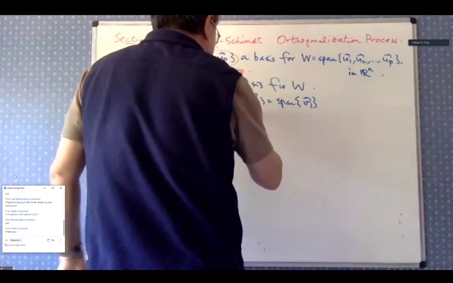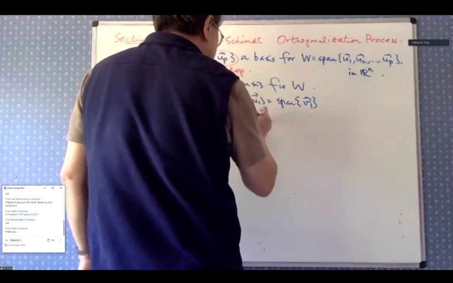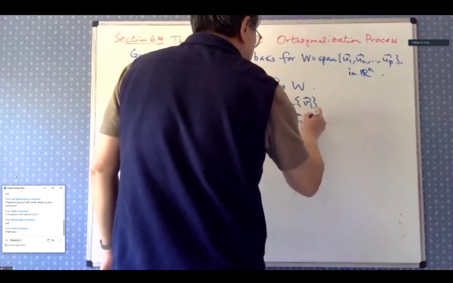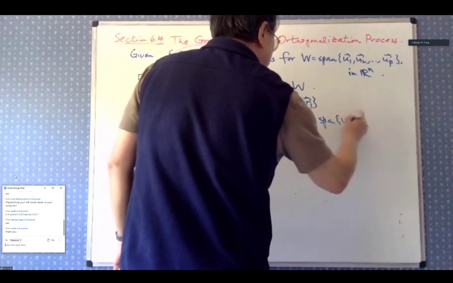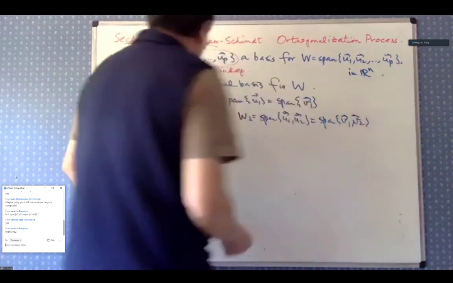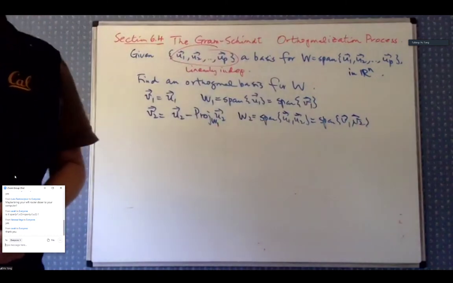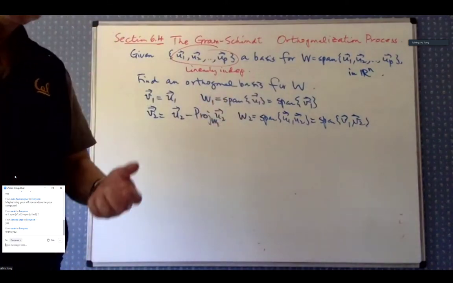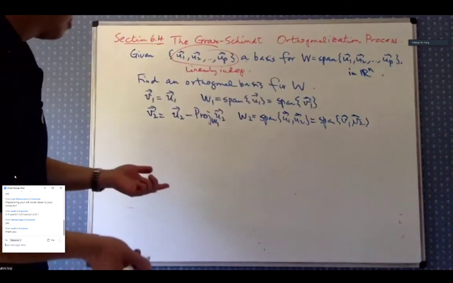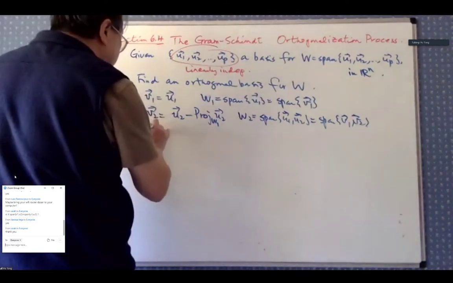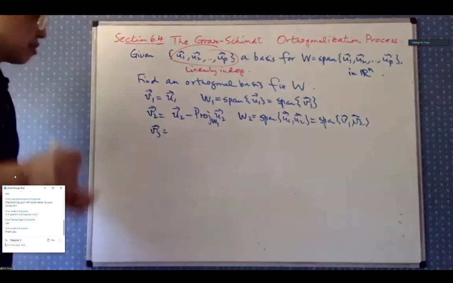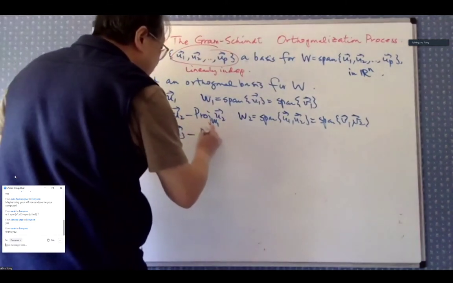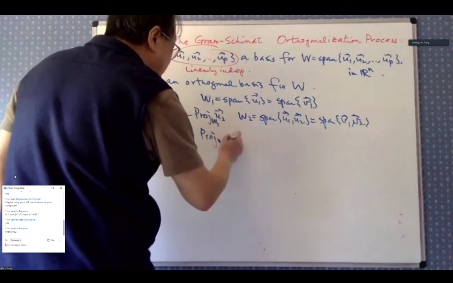Now we have W2, which is the same as the span of U1, U2, which is the same as the span of V1, V2. And V1 and V2 are now orthogonal. This is essentially what we did in the earlier example, but this can be extended. So now we have V3. You take U3 and project it onto W2, which is the plane.